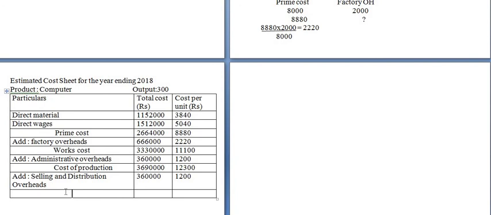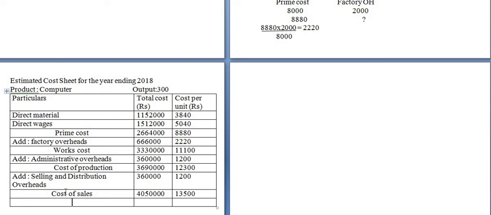Cost of sales. This is cost of sales. Okay. Make a total. That is 40,50,000 and this will be 13,500. Okay.